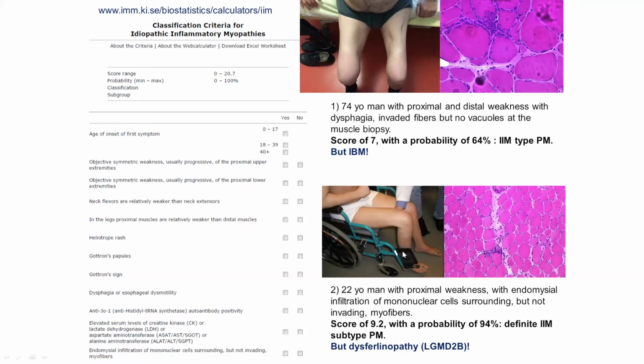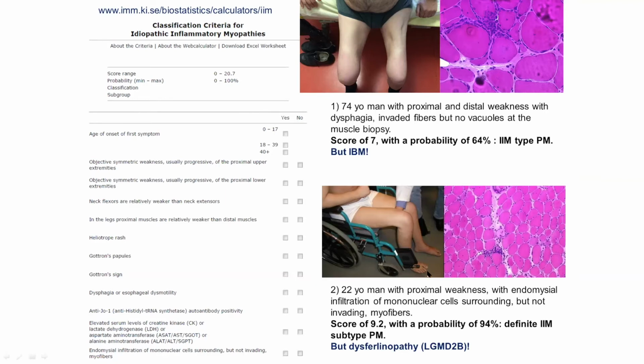The second example is this young guy, much younger, since he is 20 years old. And he had a rapidly progressive weakness, proximal, but also distal. And with this biopsy, you can see these little inflammatory infiltrates, but they exist. And the algorithm gives you a very high probability of a polymyositis.